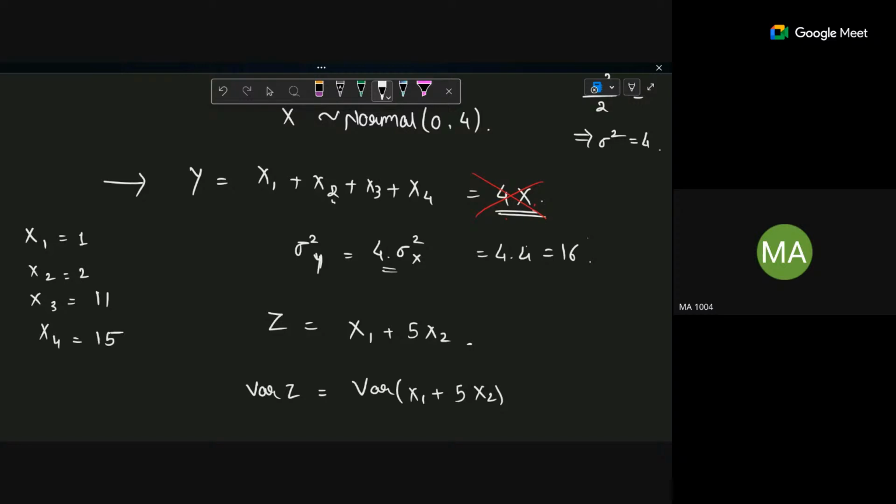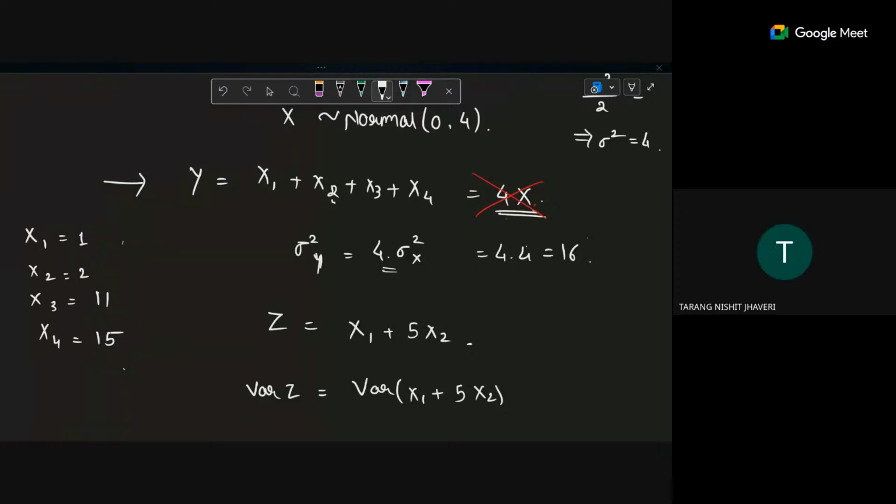So for this particular sampling, x1 plus x2 plus x3 plus x4 is not equal to 4x. It's not 4 times any x. So that is the reason we can't take it as 4x. Yeah, because each sample has a different order and the result may be different.